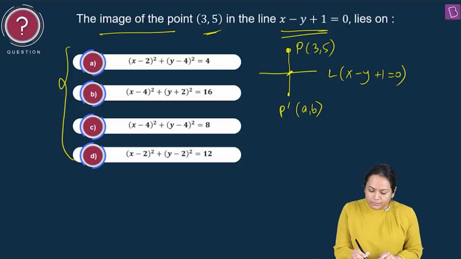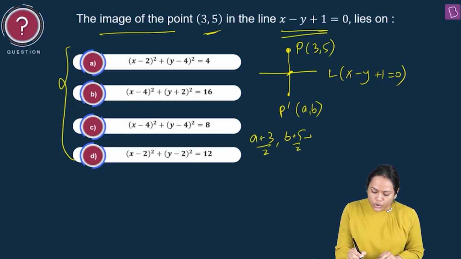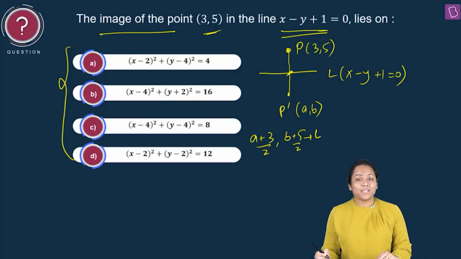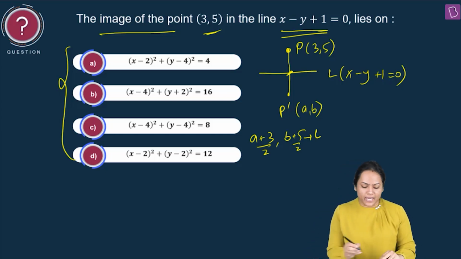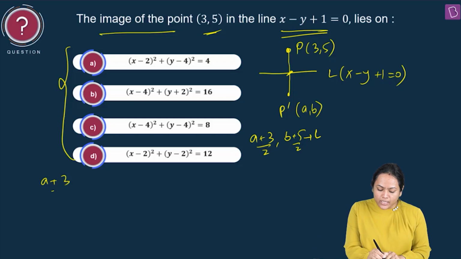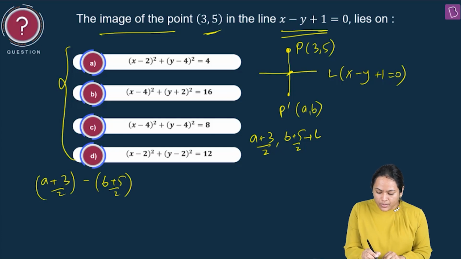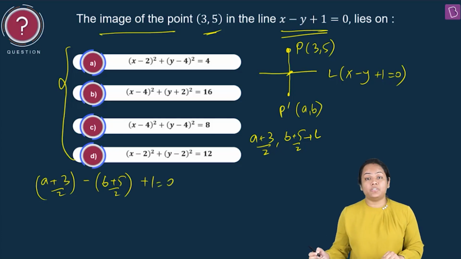So that means the midpoint of P and P dash, that is A plus 3 by 2, comma B plus 5 by 2, should lie on the line L. Isn't it? So I can satisfy that. So I'll get one condition: A plus 3 by 2 minus B plus 5 by 2 plus 1 is equal to 0. Let me take this as 1.